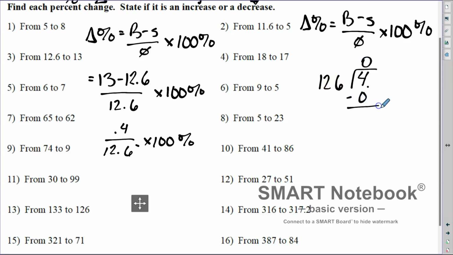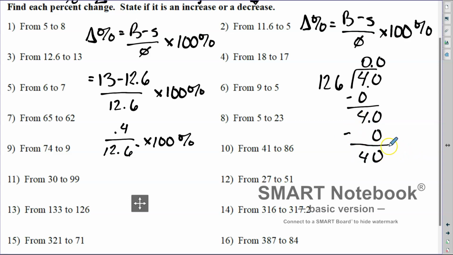You subtract it, and you might have to teach your kids this, so this is a good review. So there's 4. Now how do we continue this problem? Well, 4 is really 4.0, or we'll look at it as 40. We'll put a decimal there. 126 goes into 40? No, it does not. So this is 0. We put a 0 here, we subtract it, and 40 minus 0 is still 40.